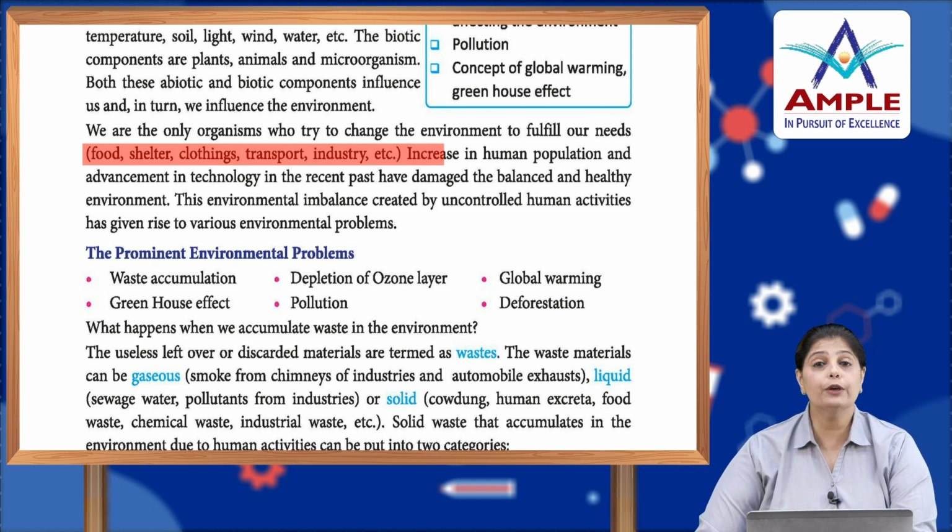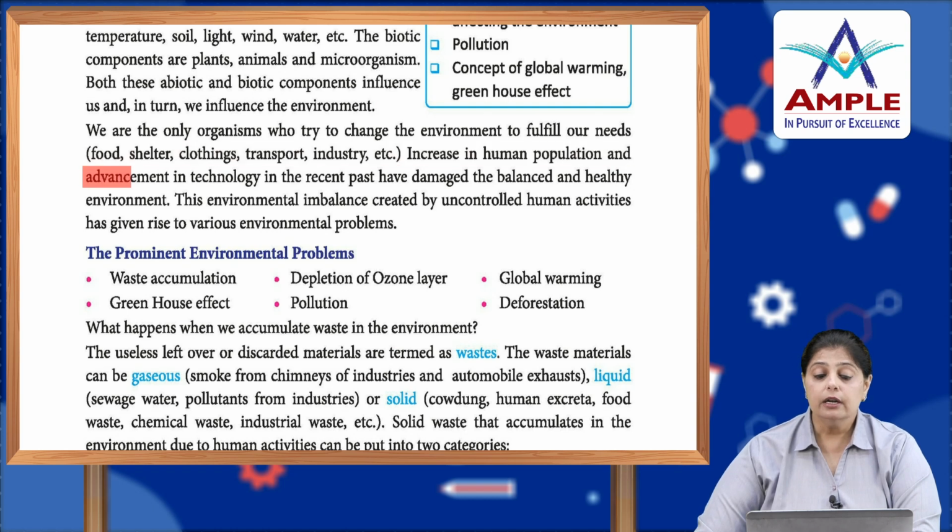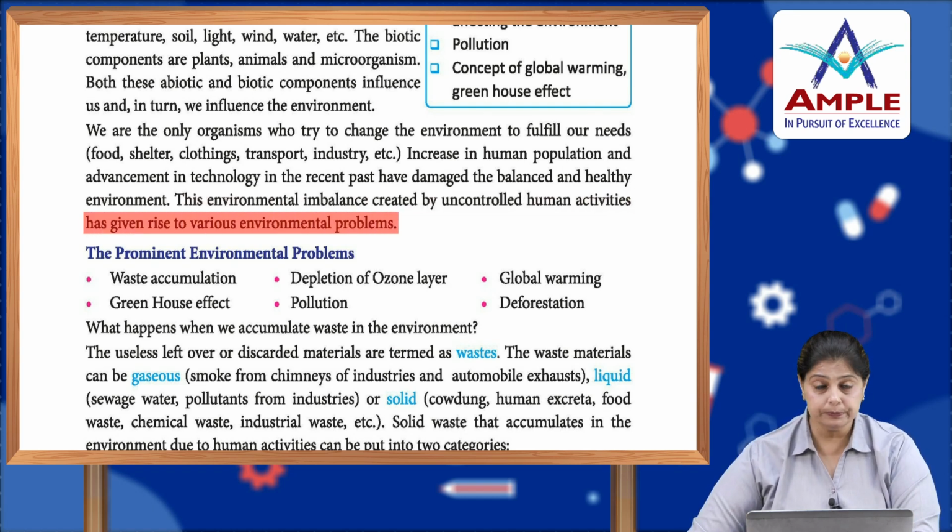Increase in human population and advancement in technology in the recent past have damaged the balanced and healthy environment. This environmental imbalance created by uncontrolled human activities has given rise to various environmental problems.